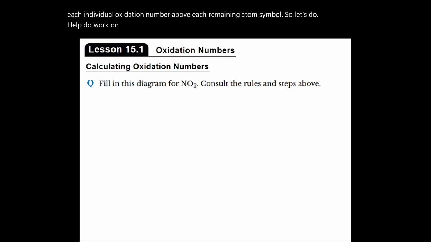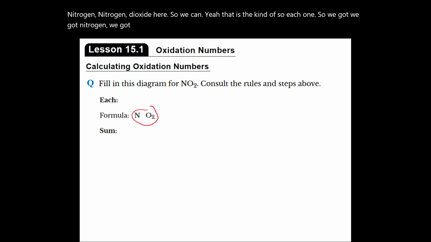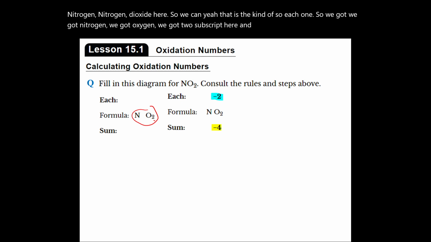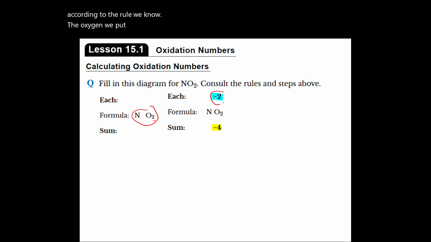work on one example here. Fill in this diagram for nitrogen dioxide. So we got nitrogen, we got oxygen, we got a subscript of 2 here, and for each element, according to the rule, we know for oxygen we put -2 on top.